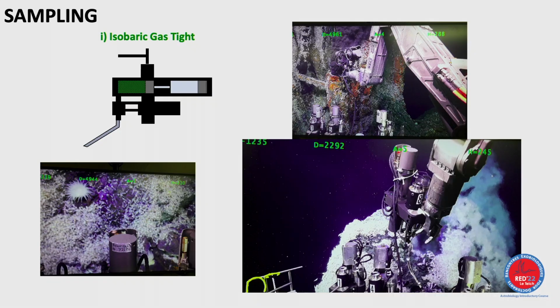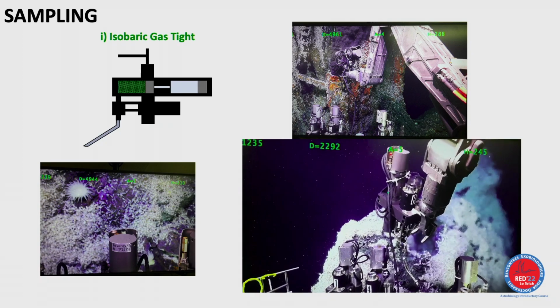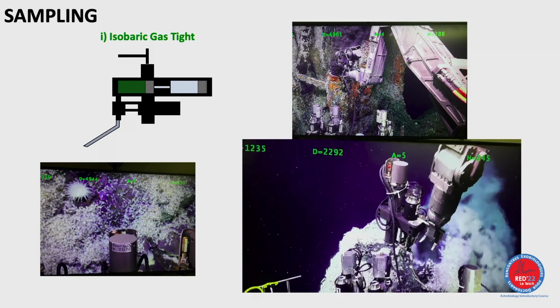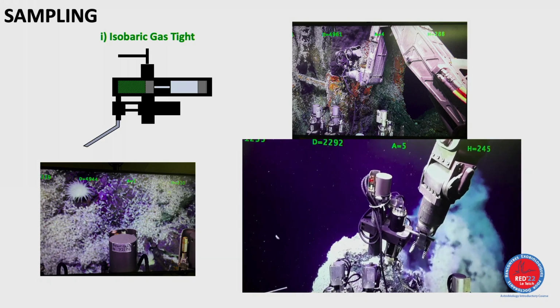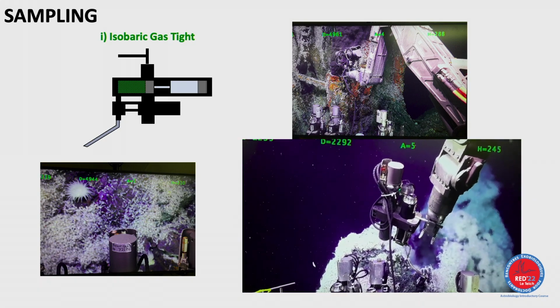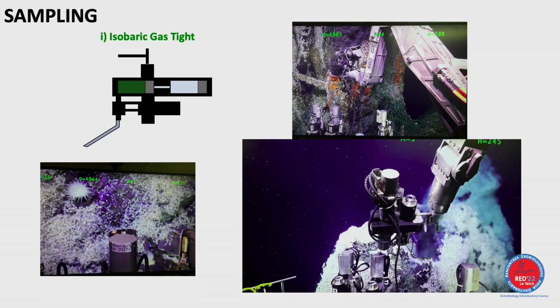So here is an example of the sampling with the IGT. You see that here is the IGT in the arm of JASON, and JASON is approaching the deep sea vent fluid, which is here. You can see a lot of tube worms everywhere.